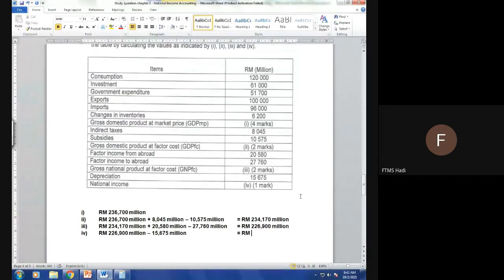Okay, I go for this one first. I want to show this one. 120 million.